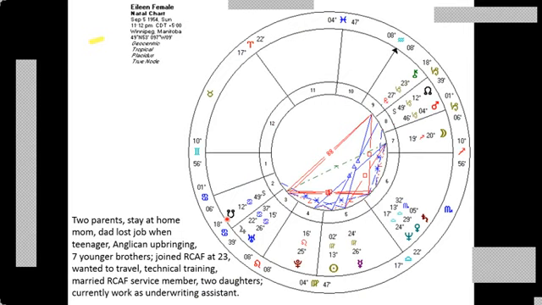And as it is approaching that semi-square, it's just 2.5 degrees from it, you're feeling that tension of wanting to change and yet almost wanting to be emotionally secure and stable.